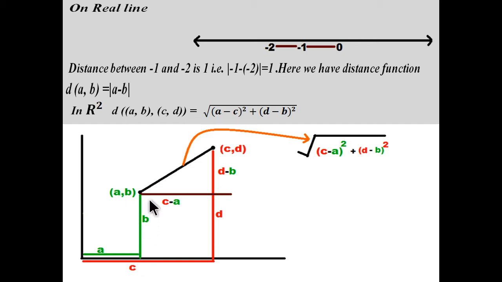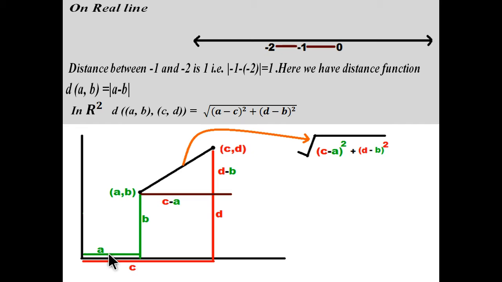The length of this line segment is B because the y coordinate is B. Similarly, the length of this line segment is C because we have the point (C,D), and the length of this line segment is D because the y coordinate is D. Now, what is the length of this line segment?